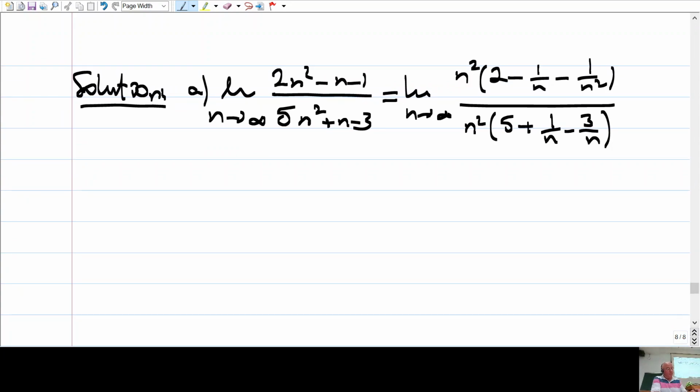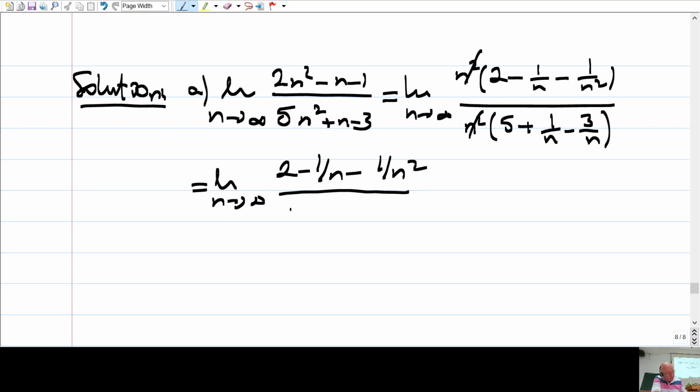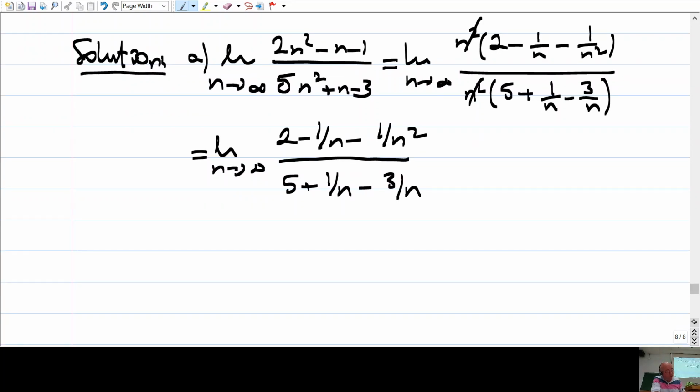And you see here, I can delete n squares, and we get this. Limit as n goes to infinity, (2 minus 1 over n minus 1 over n squared) over (5 plus 1 over n minus 3 over n squared). Now, what do we know about this?